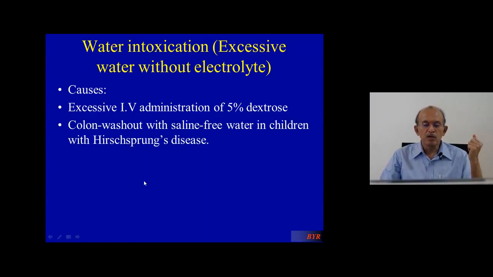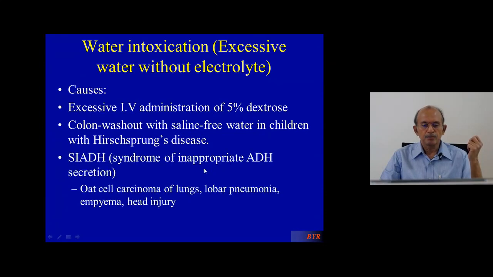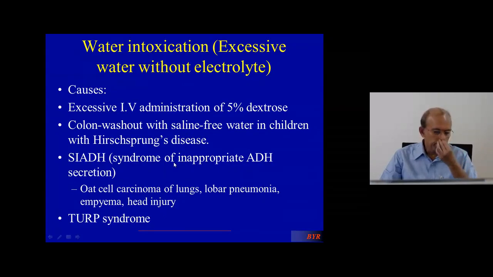Then colon washout with electrolyte-free water in children with Hirschsprung's disease. SIADH, that is syndrome of inappropriate ADH secretion, seen in conditions like oat cell carcinoma, lobar pneumonia, empyema, head injury. Then TURP syndrome, that means transurethral resection of prostate.